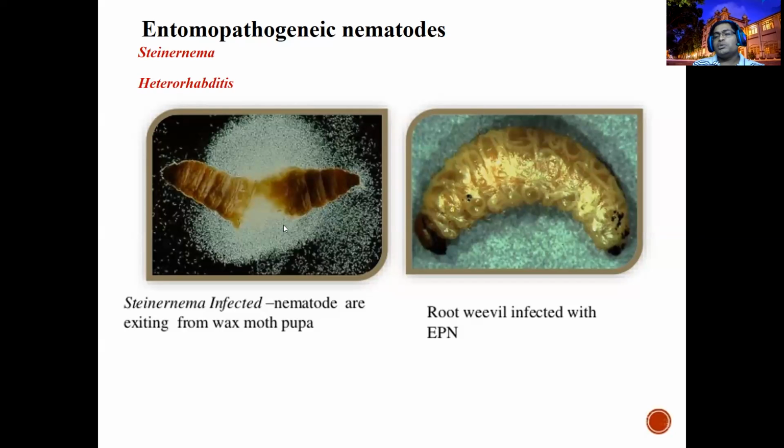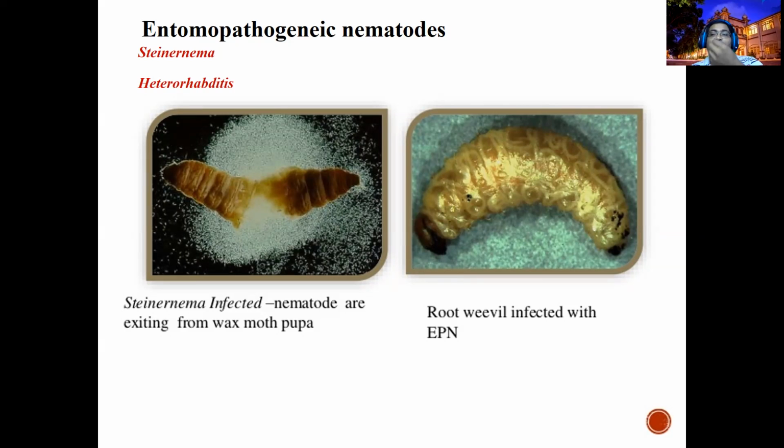Those entomopathogenic nematodes have bacterial associations, right? The nematode alone will not kill. Inside the gut, they have bacteria. We call them Photorhabdus and Xenorhabdus, two bacteria. Once the nematode has penetrated into the body, how does it penetrate?